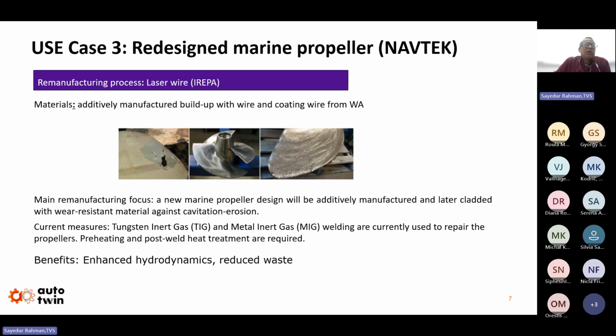And we have use case 3, the redesign of the marine propeller. In marine propellers, cavitation erosion is very common during use, and the problem is that we have to use TIG or metal inert gas welding, which requires preheating and post-welding heat treatment.